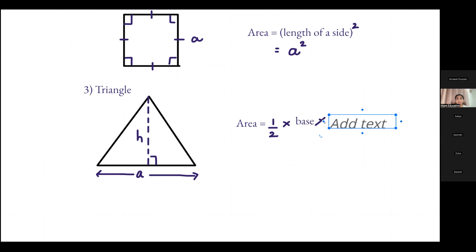In this particular case, base is A and perpendicular height is H.